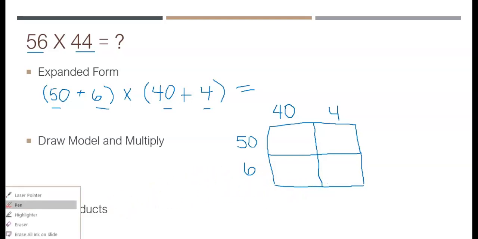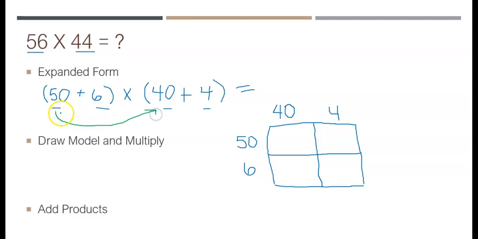So in this method, just like we did previously, we're going to say 50 times 40 and 50 times 4. So 50 times 40 and 50 times 4.